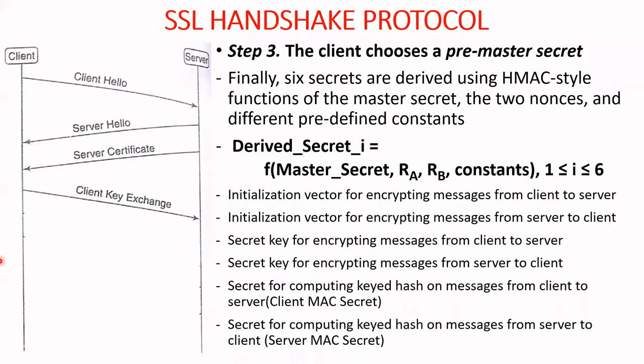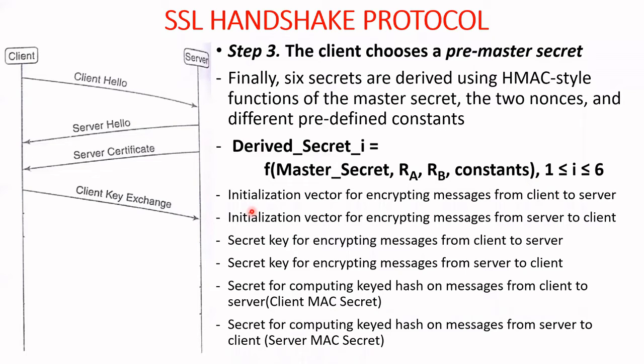Whenever the server has to send a message to the client, what is the key that will be used for encryption? Next, the secret for computing keyed hash on messages from the client to the server. That is what we call the client MAC secret. And the sixth one is the secret for computing keyed hash on messages from server to client. That is the server MAC secret.